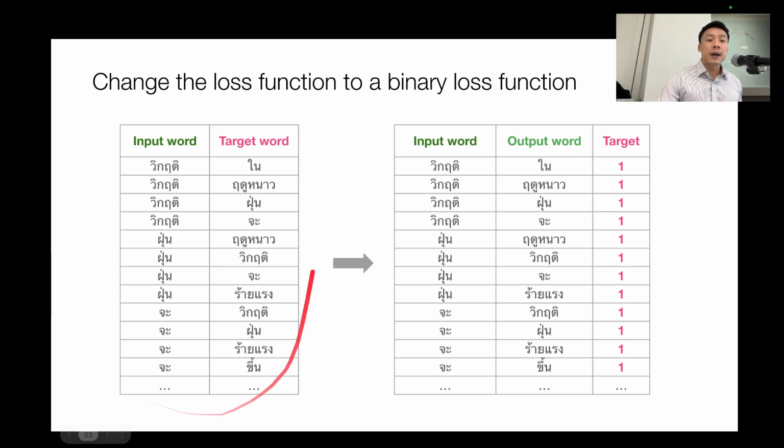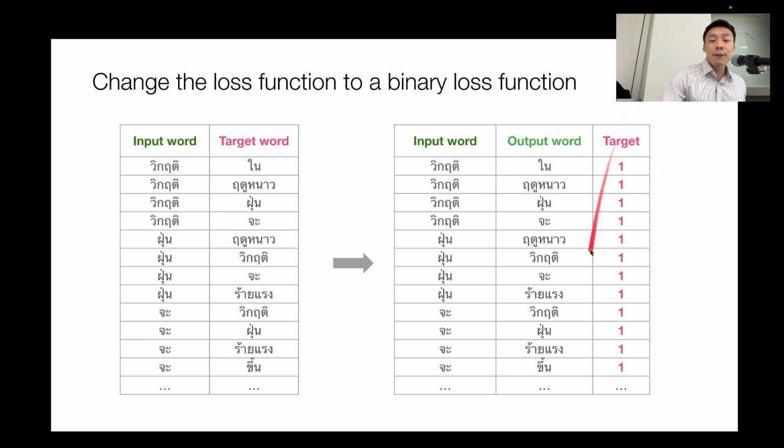Instead of having a loss function where your labels are the entire vocabulary, we change the formulation so that the inputs are two words, the embedding of this guy and the embedding of this guy, and now it becomes a binary classification. So you ask the classifier whether these two words actually co-occur in the data set, which in this case, yes, because you get it from the data, right?